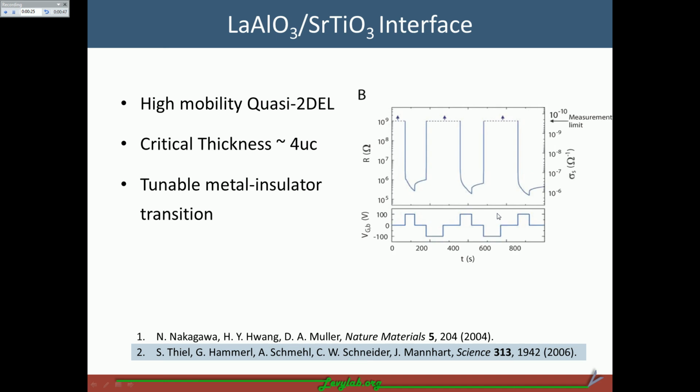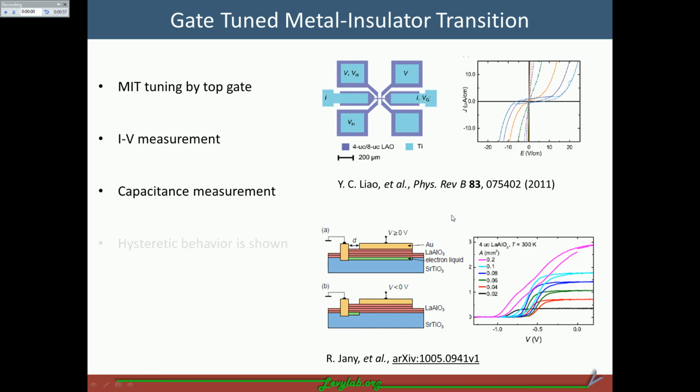And also the conductance of the interface can be tuned through the metal to insulator transition by back gate bias. Further study shows that such a metal to insulator transition at the interface can be tuned not only by the back gate voltage, but also by the top gate voltage.